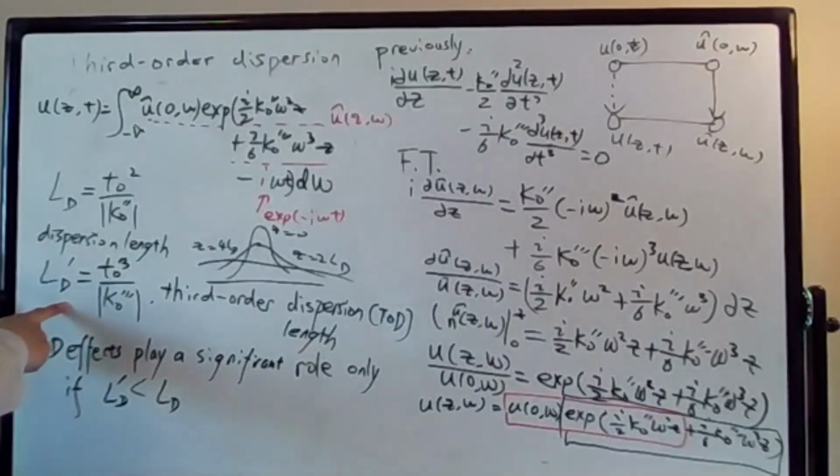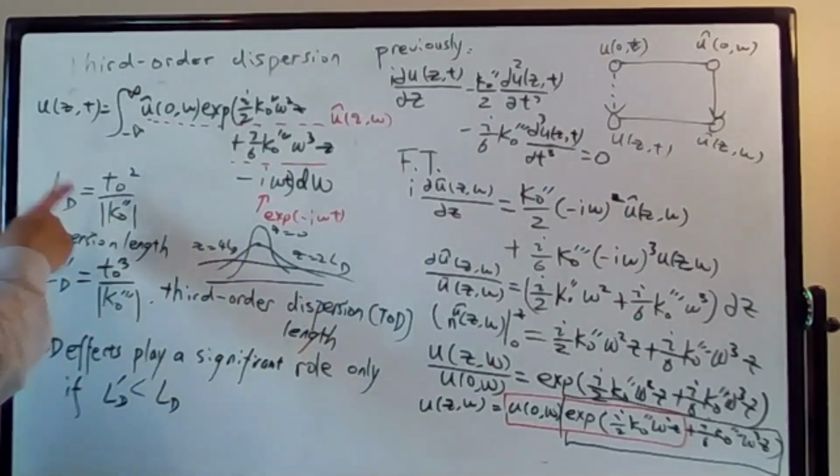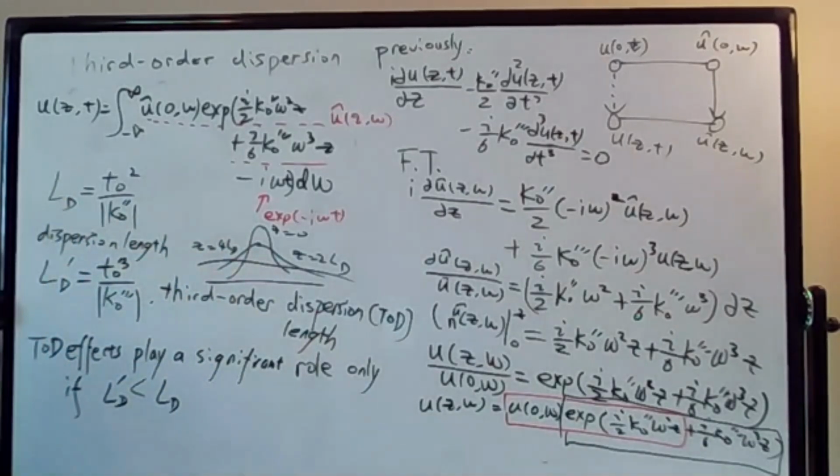Once I reach it, third order dispersion will play a role before second order dispersion plays a role. So this plays a role significantly only if the third order dispersion length is less than the second order dispersion length.